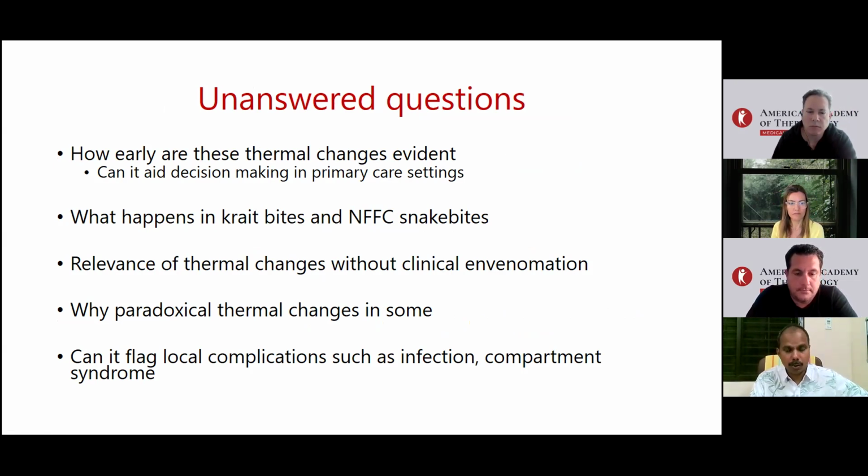We do not know. More people, more studies from different parts of the world are really needed. And as I said, there are some patients where a hotspot is evident, but they don't have clinical envenomation. Possibly a small amount of venom has been injected. So what is the relevance of this? We do not know.